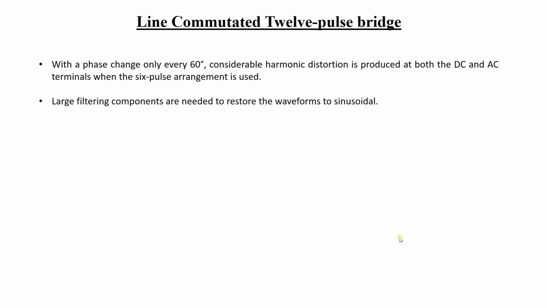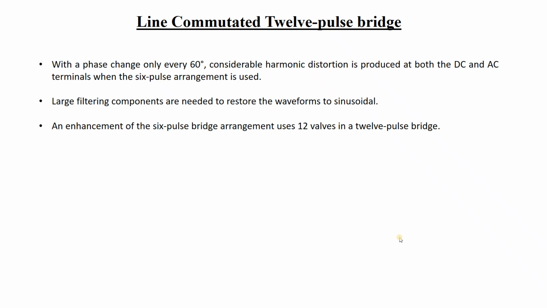That means in the case of an inverter station, large filters are used for converting the DC back to AC in a smooth curve. Hence this arrangement of large filters is quite expensive, and it is quite complicated for operation also.